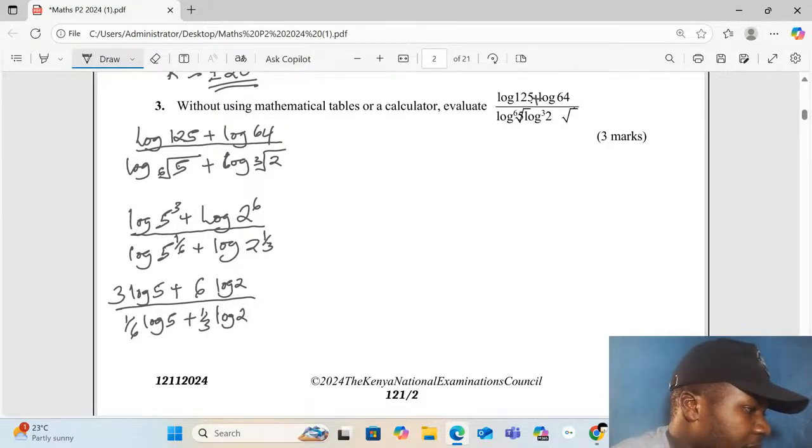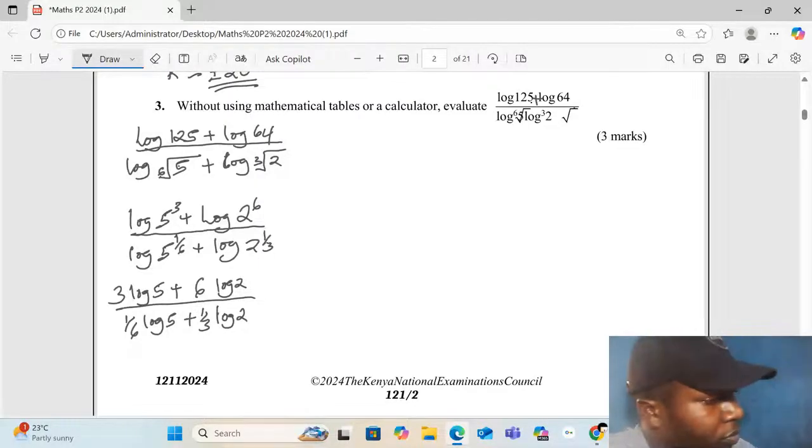We simplify it to 3 log 5 plus 6 log 2, divided by a 6th log 5 plus a 3rd log 2. So that is how we do it. Then we continue.